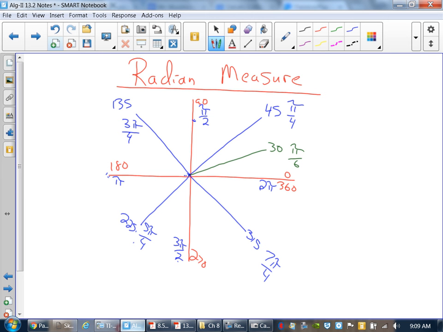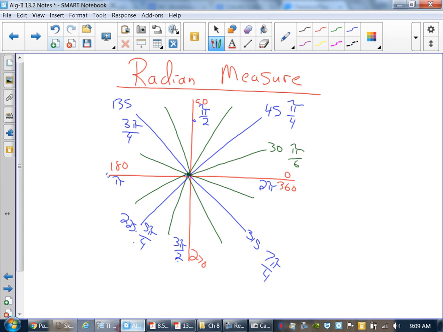30 degrees, if I go 30 degrees, the next one would be 60 degrees, 90 degrees, 120, 150, 180, 210, 240, 270, 300, 330, 360. Every other one of these angles can be moved by this 30-degree mark. Everybody okay with that? Because 30 degrees, if I double it, I'm at 60.